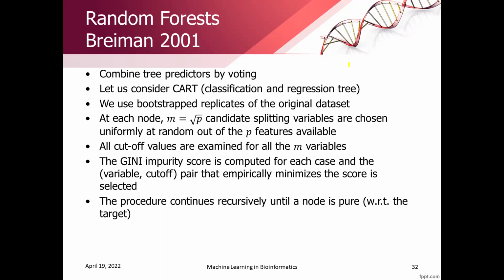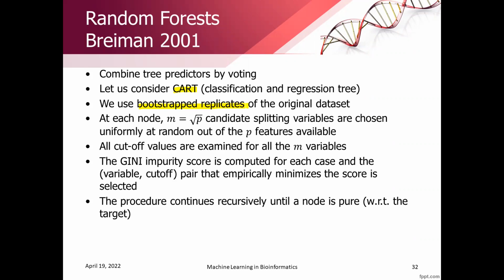So we can start, for example, by using CART, the classification and regression tree algorithm. And for building the decision trees, we can use bootstrap replicates of the original data set. Bootstrap, so we derive the new training set from the original one, and this can be done similarly as for bagging.